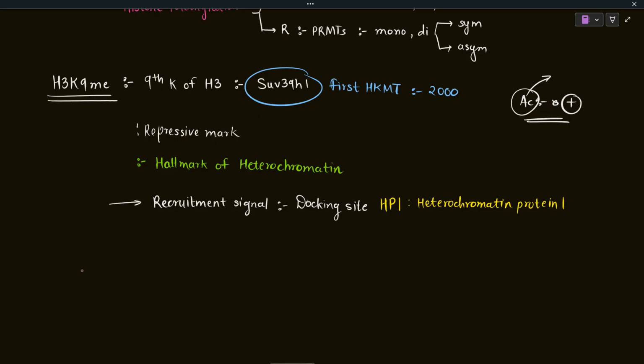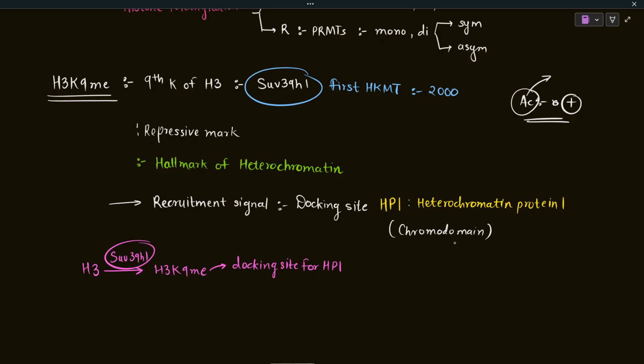Whenever H3 gets methylated on the ninth residue, which is done by the Suv39h1 suppressor of variegation enzyme, it adds the methyl group and this provides a docking site for HP1. This HP1 protein has a domain known as the chromodomain.